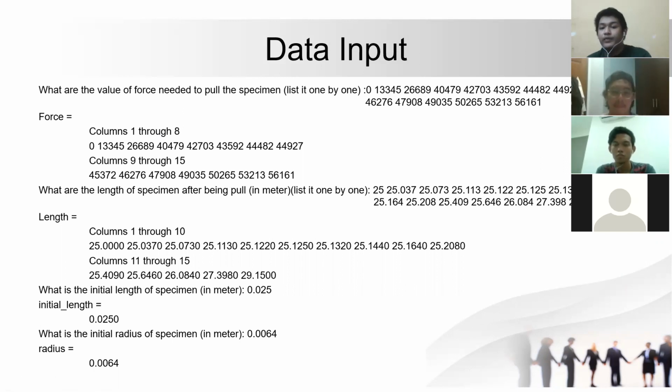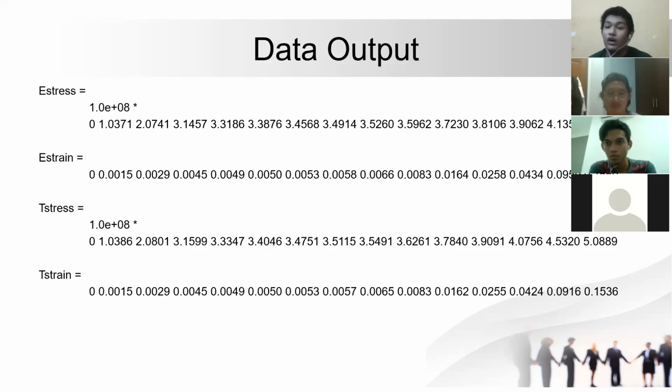We list it one by one, and the coding will give back the length in the form of a matrix also. After that, we input the initial length, which is 0.025, and the last one is the initial radius, which is 0.0064.